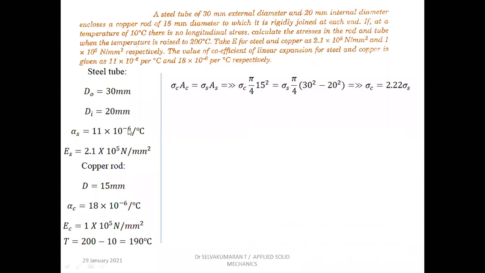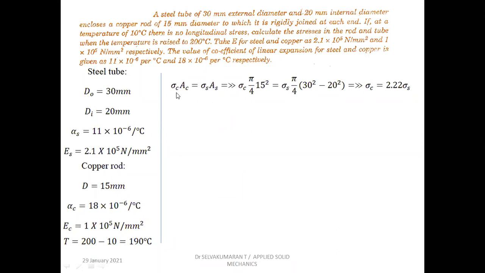Whenever you go for thermal stresses in a composite bar, we need to remember that compression in one material will be equal to the tension in another material. Copper has a higher value of alpha compared to steel, so copper will be subjected to compression and steel will be subjected to tension.